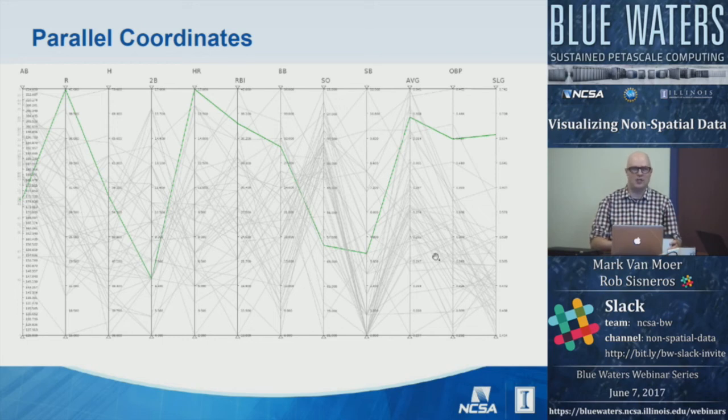And so normalization may become a matter. And then directionality of the axes may become an issue as well. For example, strikeouts are a bad thing. So I had to flip the strikeout axis so that it went from a low at the top to high at the bottom, as opposed to the default, which was the other way.